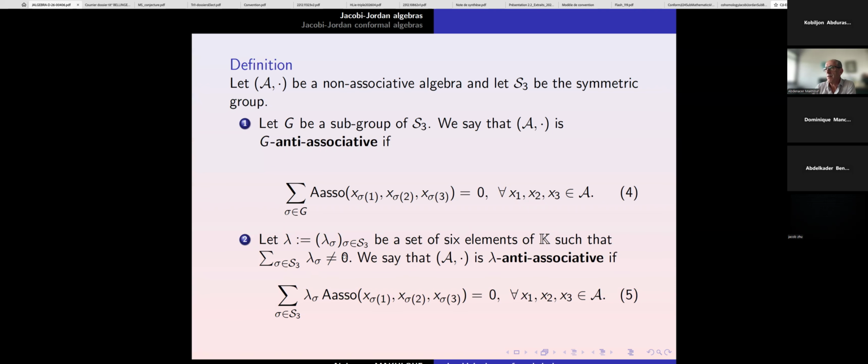We assume that the sum of these six scalars is different from zero. Then with respect to this set lambda, we say that A dot is a lambda anti-associative algebra if the sum of lambda sigma times the associator, when sigma runs over S3, is zero.